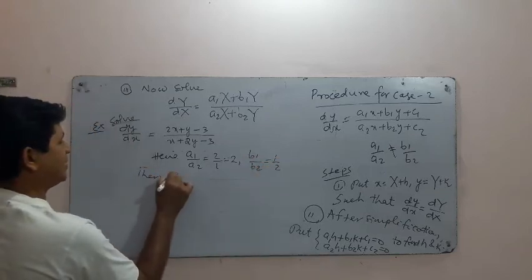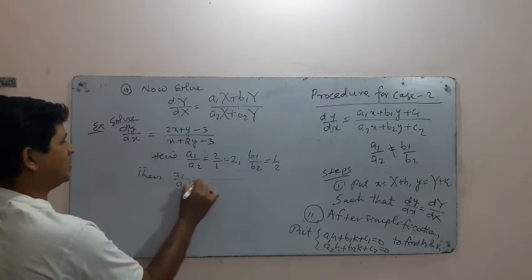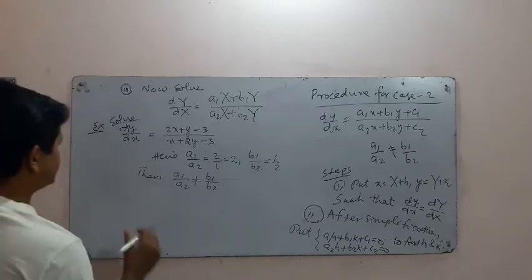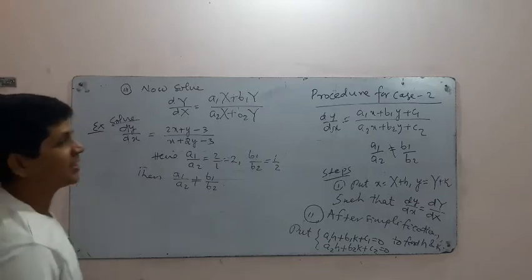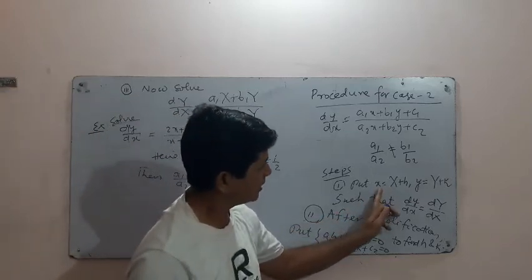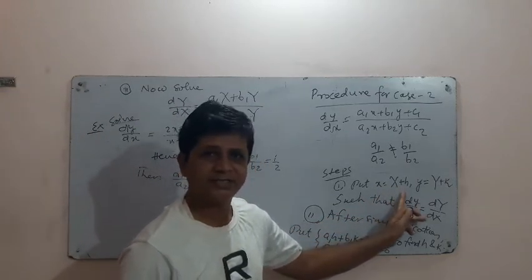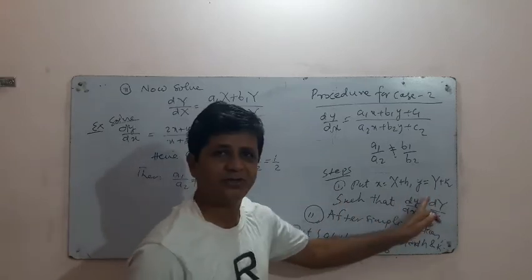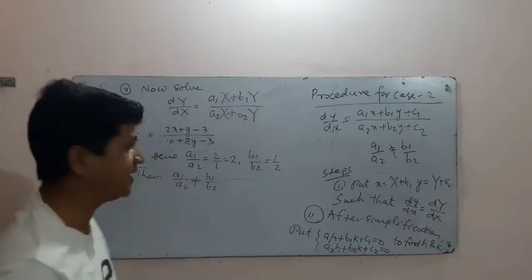Then a1 by a2 is not equal to b1 by b2. First step, we put what? We put small x is capital X plus h, small y is capital Y plus k, and small dy by dx will be d capital Y by dx.